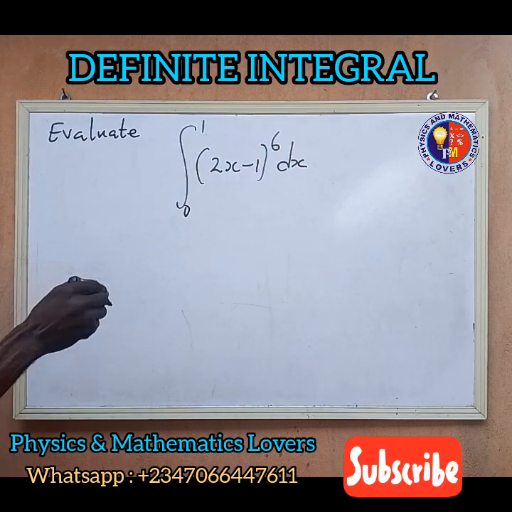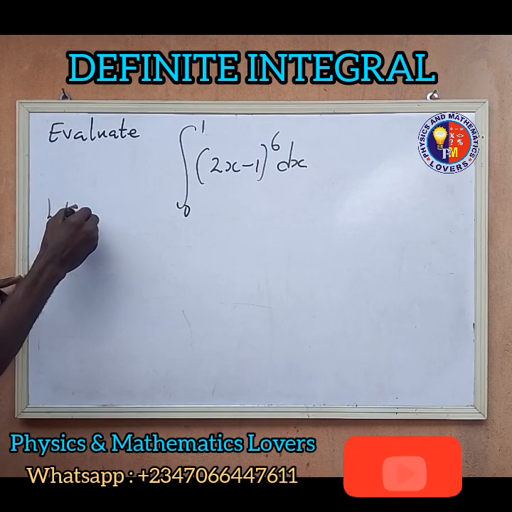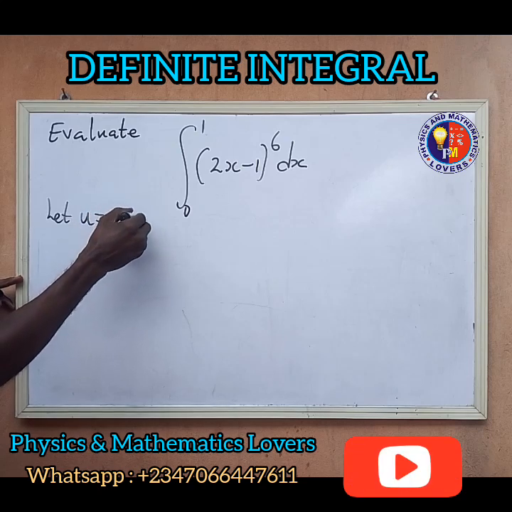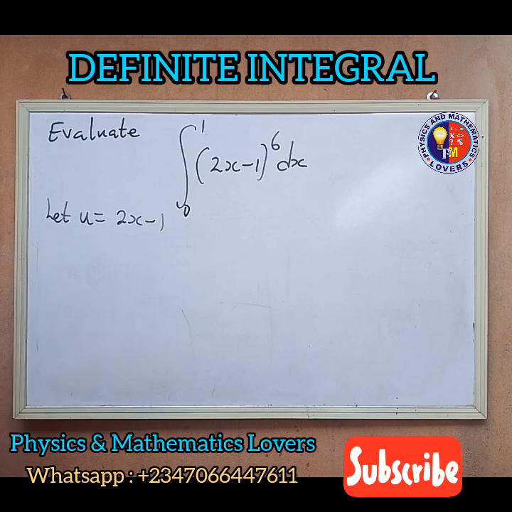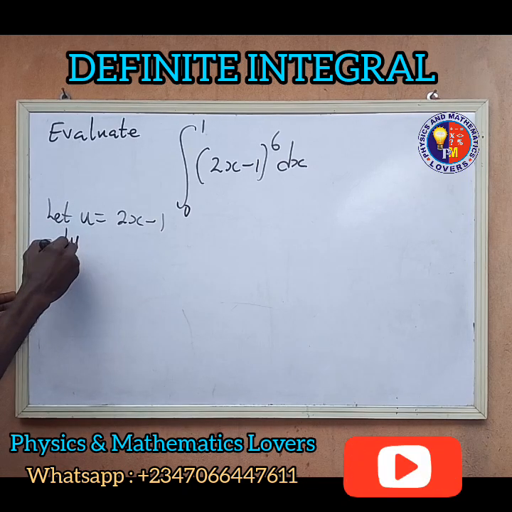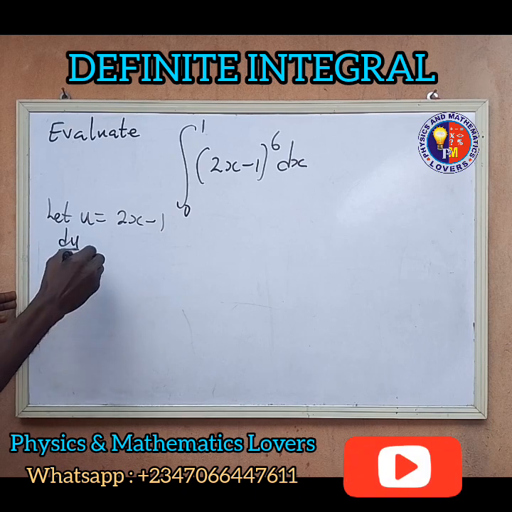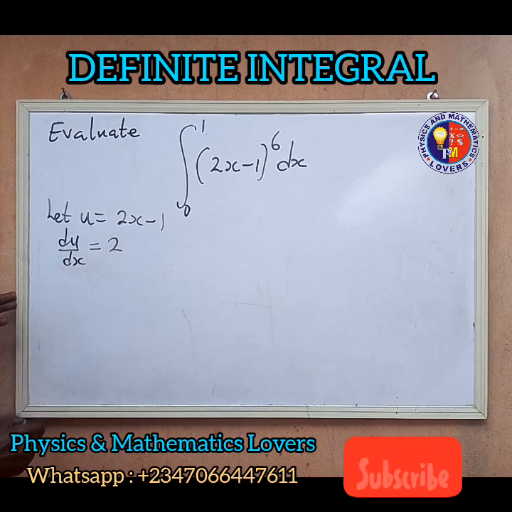Now let us go. We say let u equal to 2x minus 1. Now you have to differentiate u. So let's differentiate u. We have du/dx equal to 2. Alright.